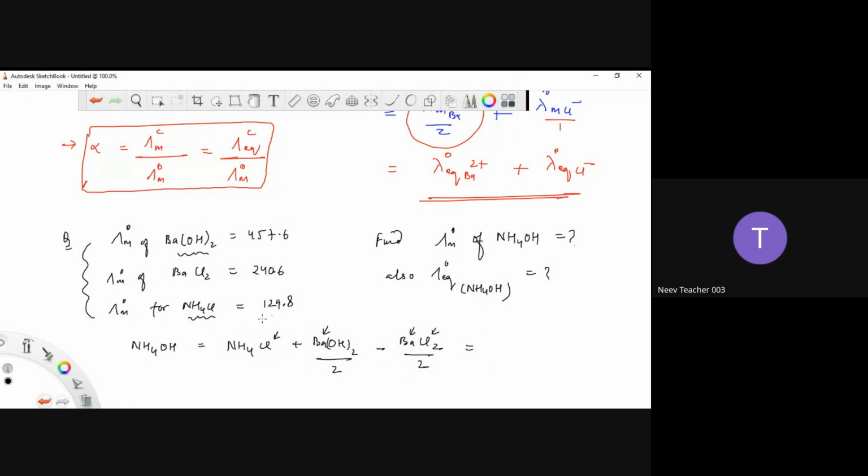So what is the value for NH4OH? 129.8 plus for Ba(OH) whole twice 457.6, but you need half of it, minus 240.6, half of it. Solve this. What are you going to get?